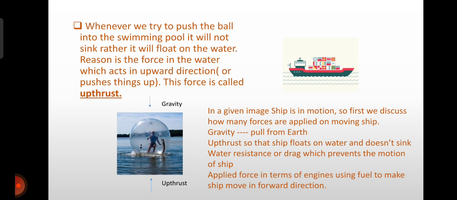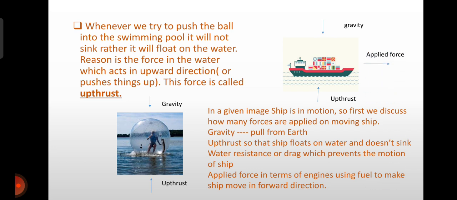Now in the image we will show how and in which direction the forces are exerted. Gravity towards the center of the earth, so from top to bottom. Upthrust in the opposite direction. So we can say that gravity and upthrust work in pairs and they work in opposite directions.